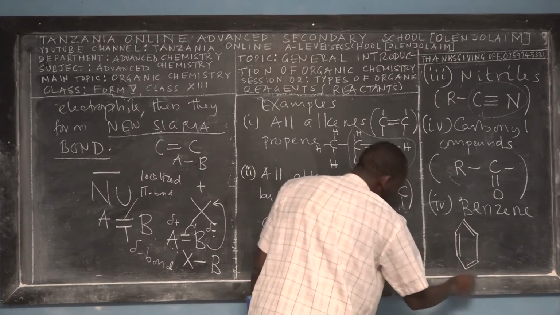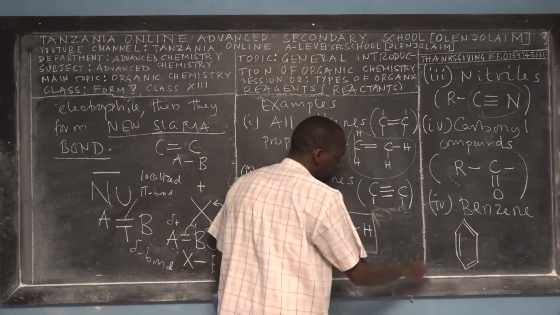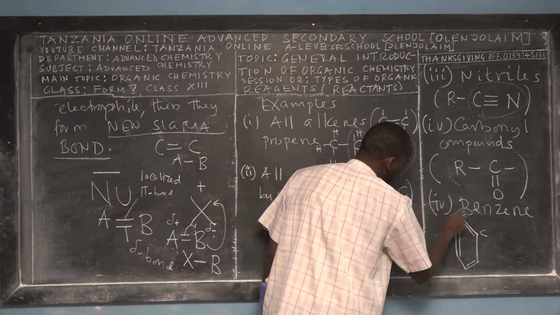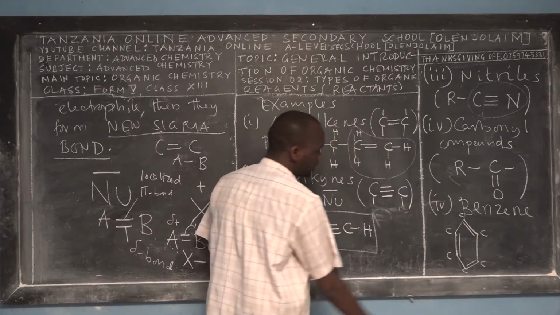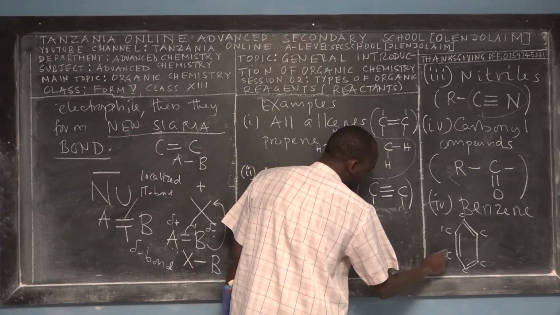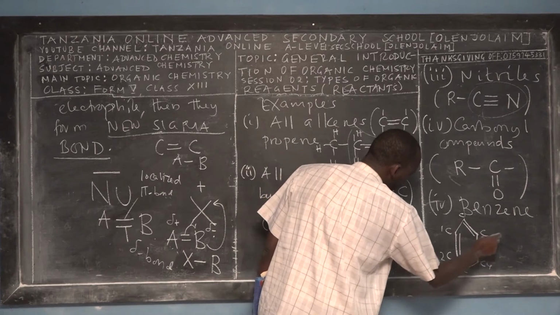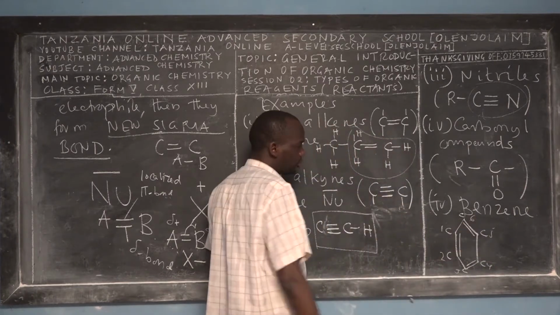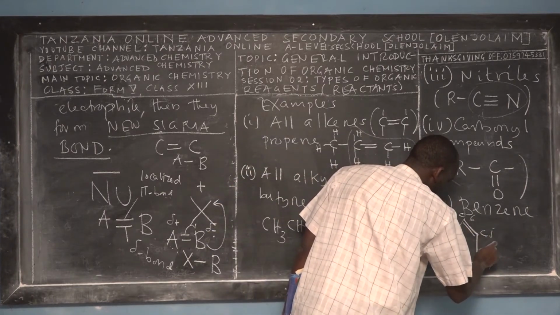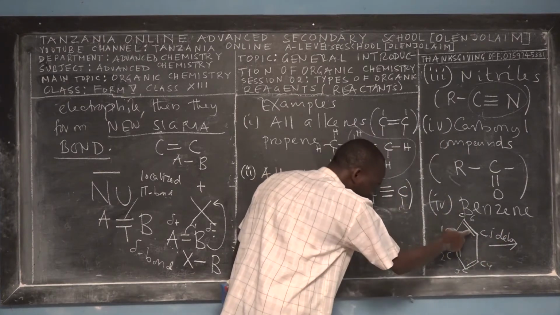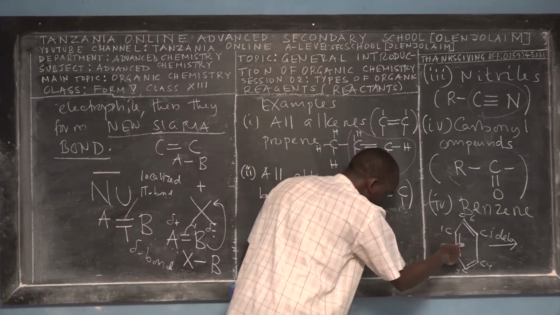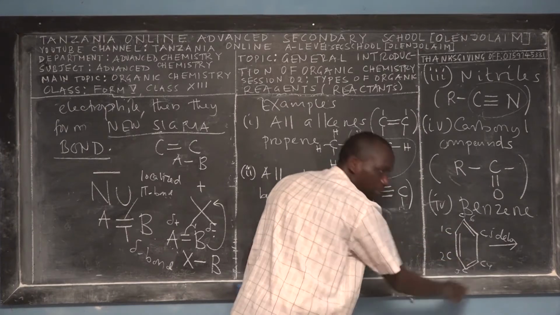So I taught you in the previous session delocalization, because every angle represents carbon, carbon, carbon, carbon, carbon. Then I told you that suppose this is carbon 1, carbon 2, carbon 3, carbon 4, carbon 5, carbon 6. After a short time, delocalization takes place. So delocalization of pi bond. So it means here, this is pi bond, sigma bond. Pi bond, sigma bond. Pi bond, sigma bond.